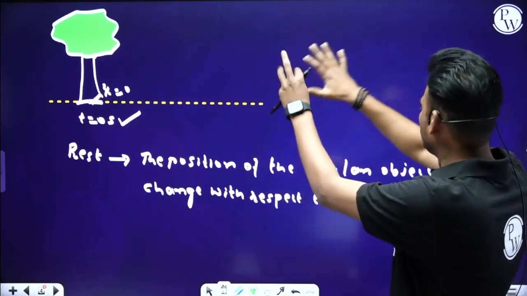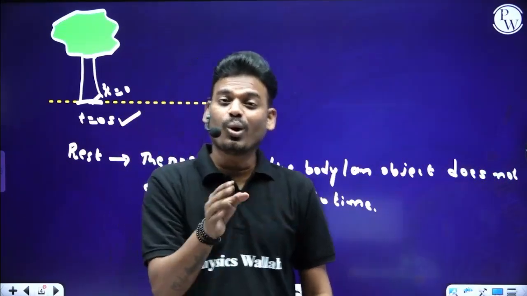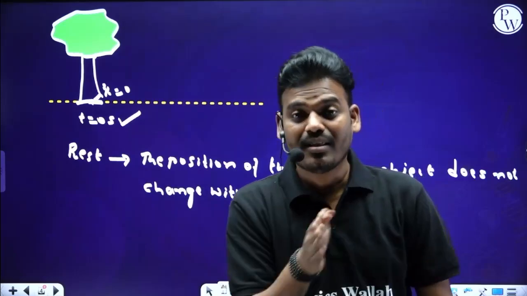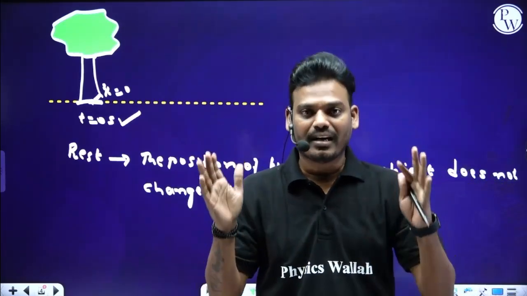Let's consider the reference point as the screen. The simple thing is that if the object does not change its position, then we can call the state of the object rest.